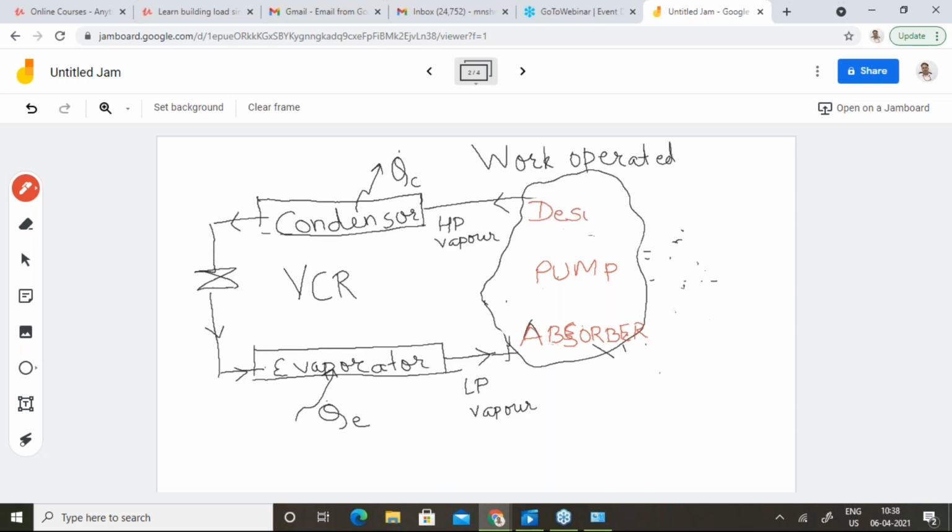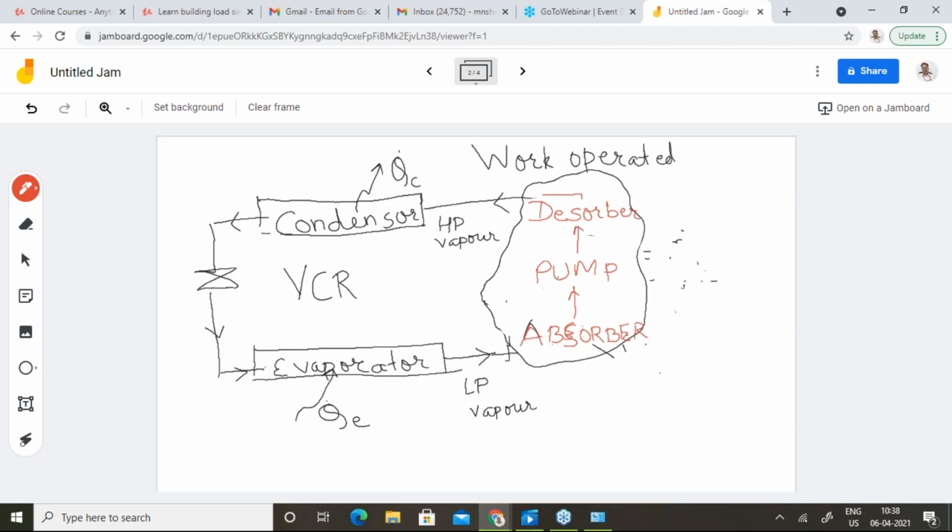We'll discuss what they are, but just to make sure you understand what absorption technology is: we have replaced the compressor with three components, namely an absorber, followed by a pump, followed by a desorber.